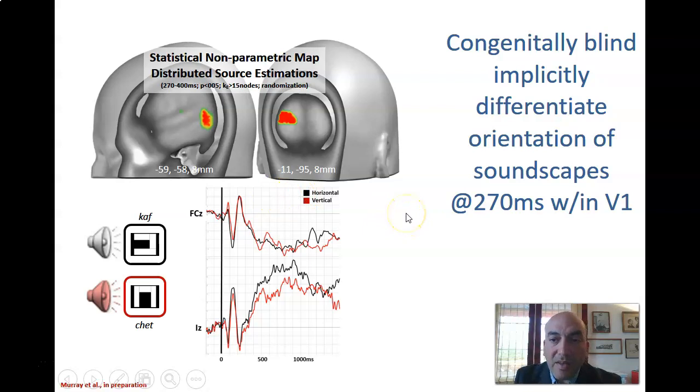This suggests that the primary visual cortex of the congenitally blind, despite years and even decades of blindness, retains its sensitivity to orientation information, even if this is implicit to the stimulus.